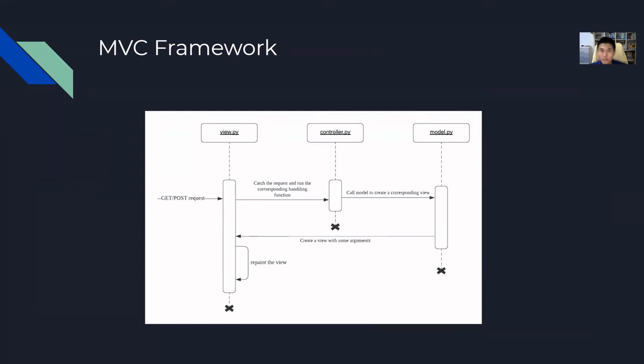And the controller catch this request and run the corresponding handling function. And it may cause the model to create a corresponding view. And model will do some logical part and finally return a view to the user. And that's the MVC framework that we use in our project.